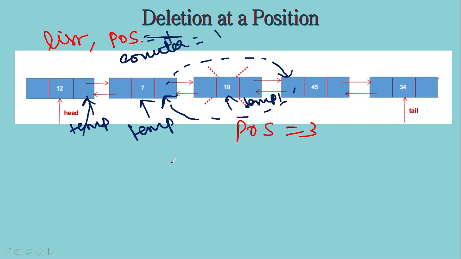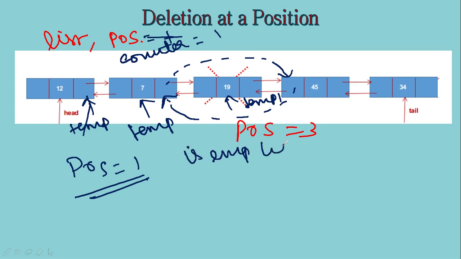Okay, so the corner cases that we have to consider are when your position is 1, and when the list is empty. These are special cases where we have to make changes in the head and so on. So let's call the delete beginning function for that.